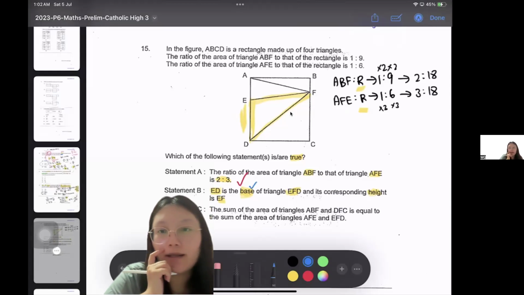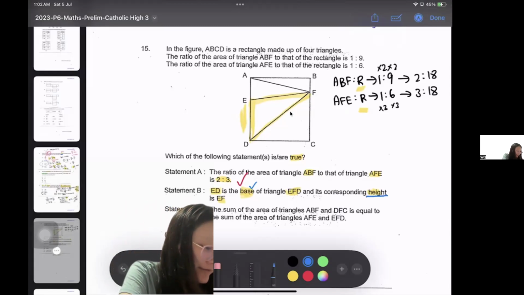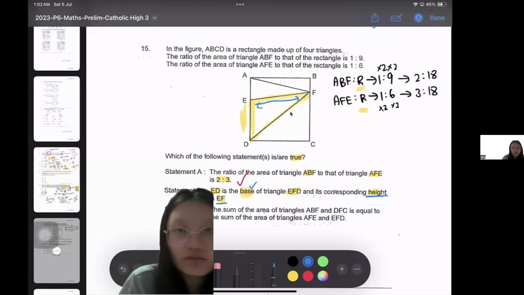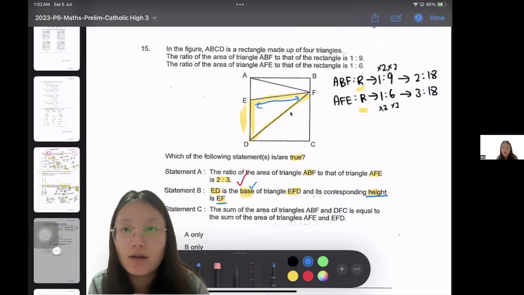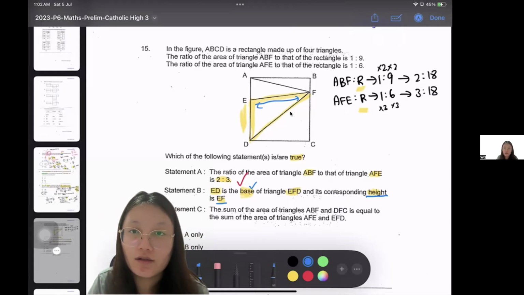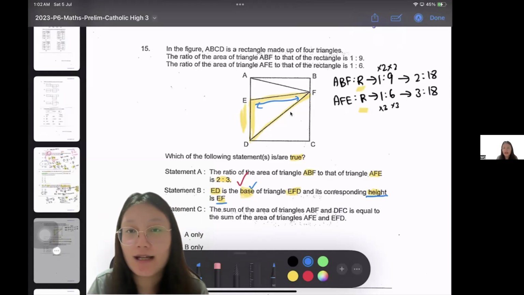But then the second part, where it says its corresponding height is EF. You see the EF, right? Does it look like a right angle to you? Did they say anything about it being a right angle? No, nothing is being said that it's a right angle, so you cannot assume that it is a height, okay?